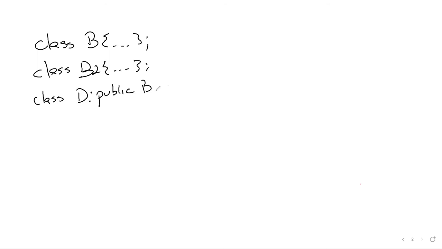And then we have a class base 2, let's call it, that does whatever it does. And then a class derived that inherits from public B and public B2 and does whatever it does. Is that acceptable or is that not acceptable?